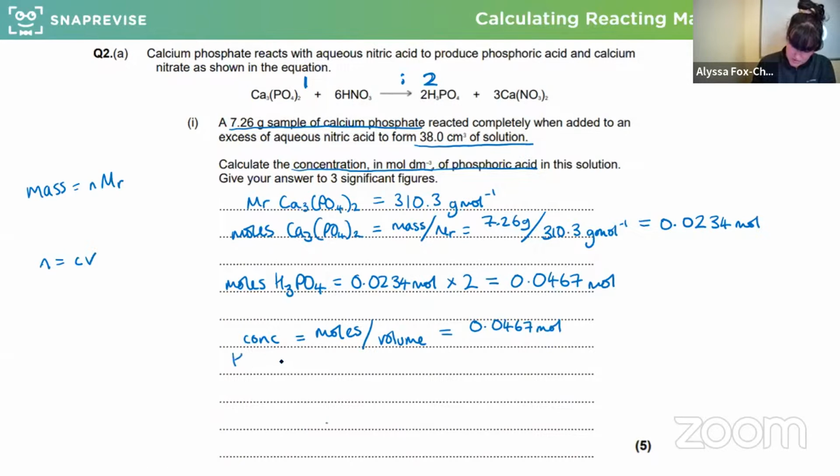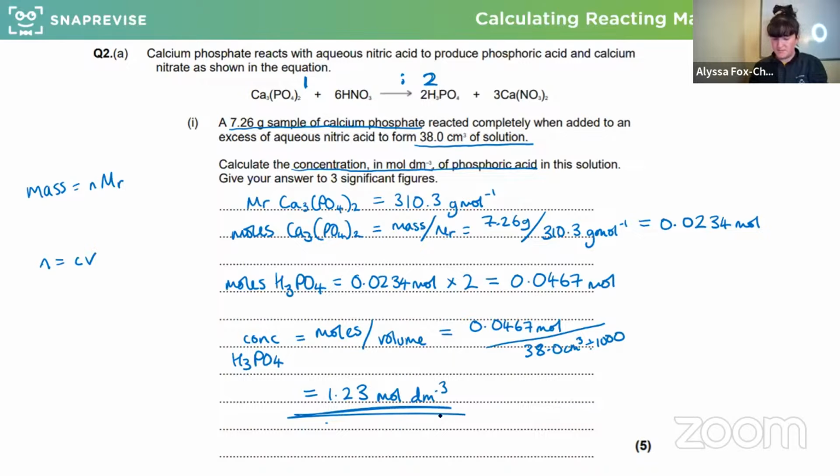That's my moles of phosphoric acid. My volume is 30 centimeters cubed, so I need to convert to decimeters cubed. So divide by 1,000 to convert to decimeters cubed. Means my concentration of phosphoric acid is 1.23 moles per decimeter cubed.